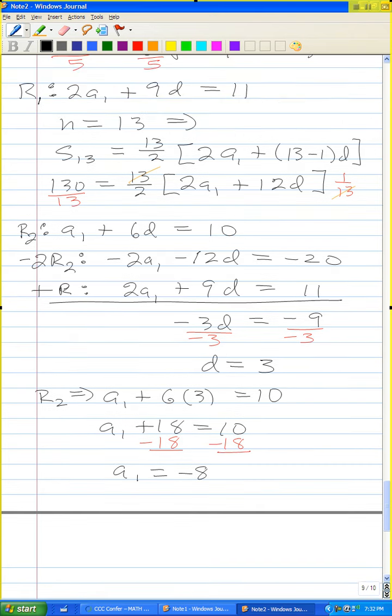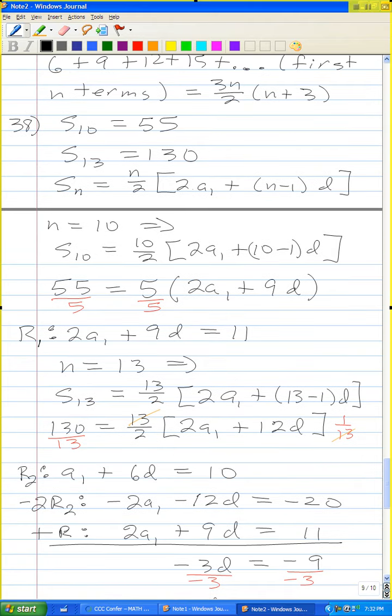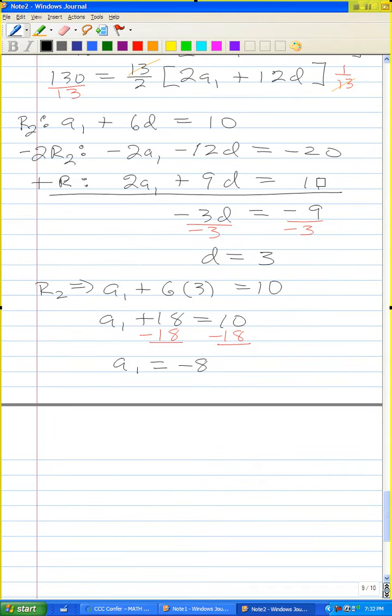And so now I know I can plug in here. I know a1 and d. So S of n equals n over 2 times 2a1 plus n minus 1 d.